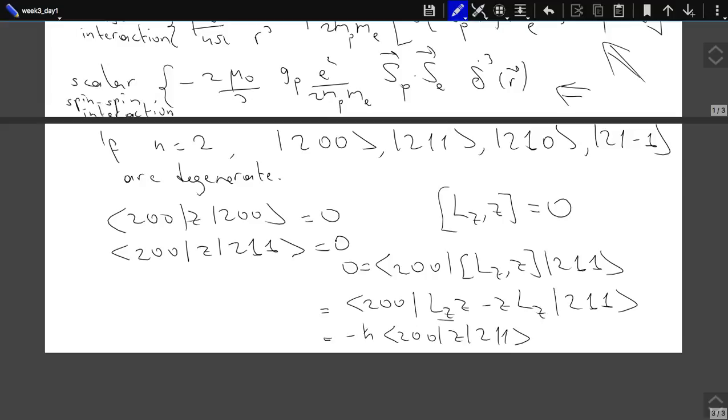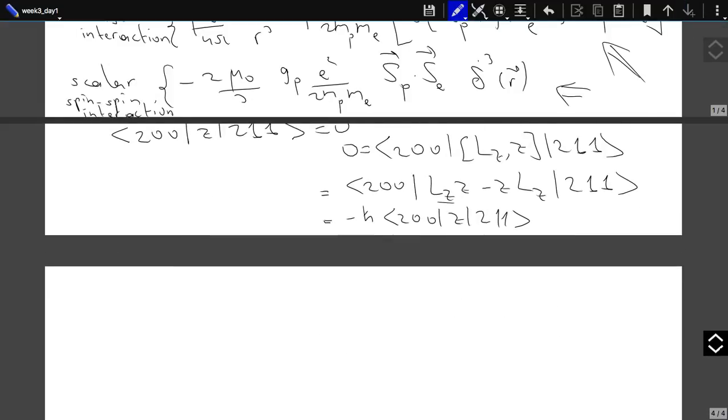You can also say that since our electric field is in the z direction, rotations around the z axis are still our symmetry. So m is a good quantum number. Our Hamiltonian doesn't mix states with different m. The angular momentum in the z direction commutes, it is conserved.